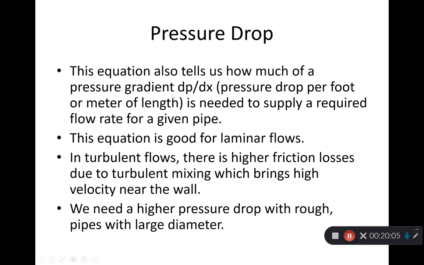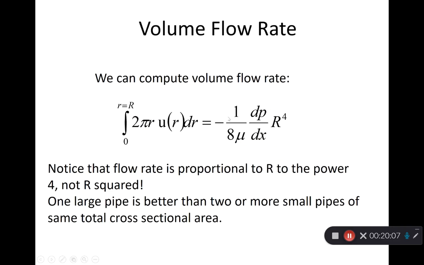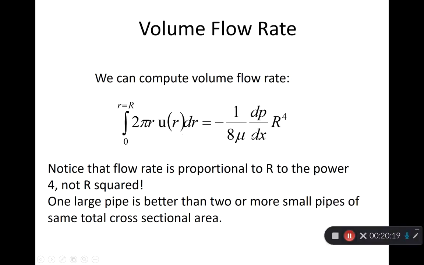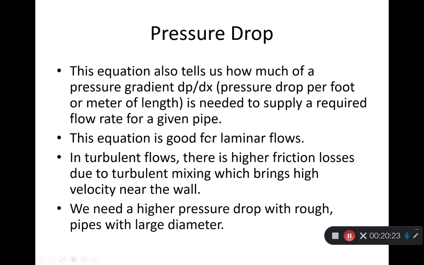Now the pressure drop determines how much volume flow rate we are getting. If you have a high volume flow rate, you need a high pressure drop. If you have a low volume flow rate, you need a low pressure drop. So the volume flow rate is directly proportional to the pressure gradient. So this equation is good for laminar flows.